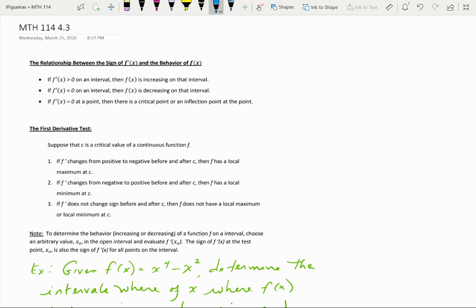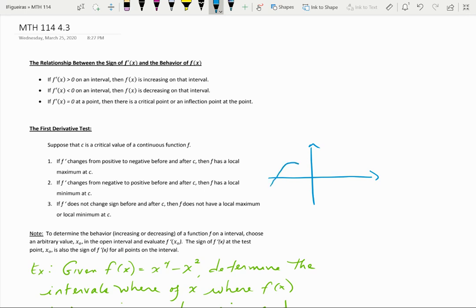Similarly, if you have a critical point where the derivative sign changes from negative to positive, then you have a minimum at c. If there's no change in sign, then you don't have a maximum or minimum.